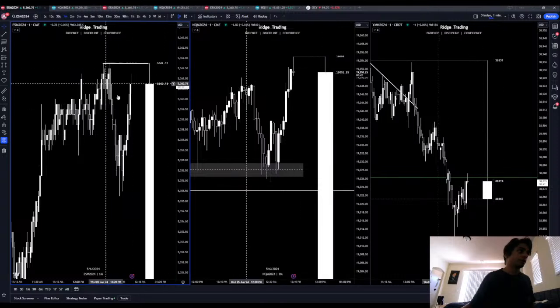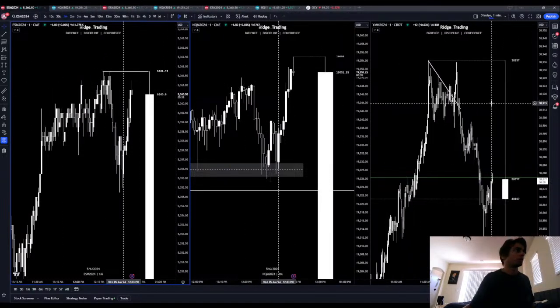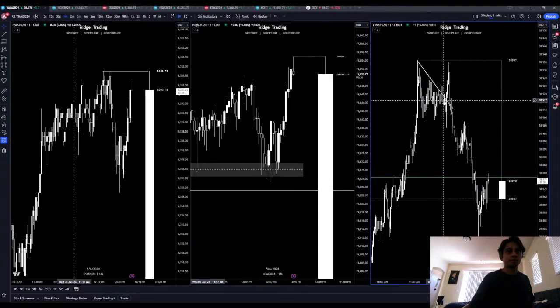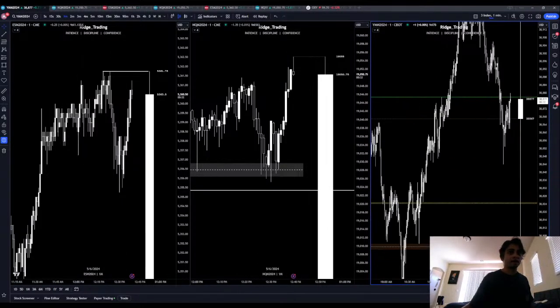Yes, still waiting for that high to hit. Equal highs there. Wow, the platform is being very laggy.